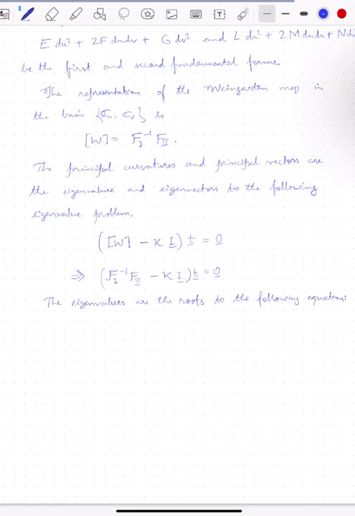Right? So then this equation is like the determinant of F1 inverse F2 minus kappa I is equal to 0. Right?